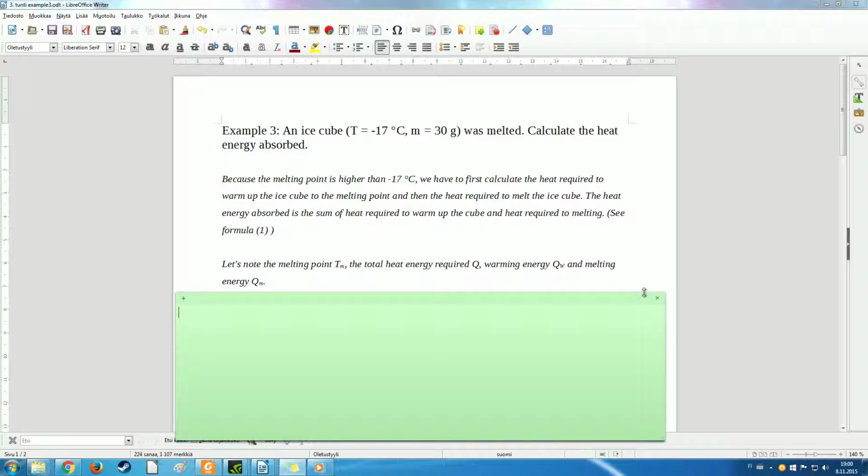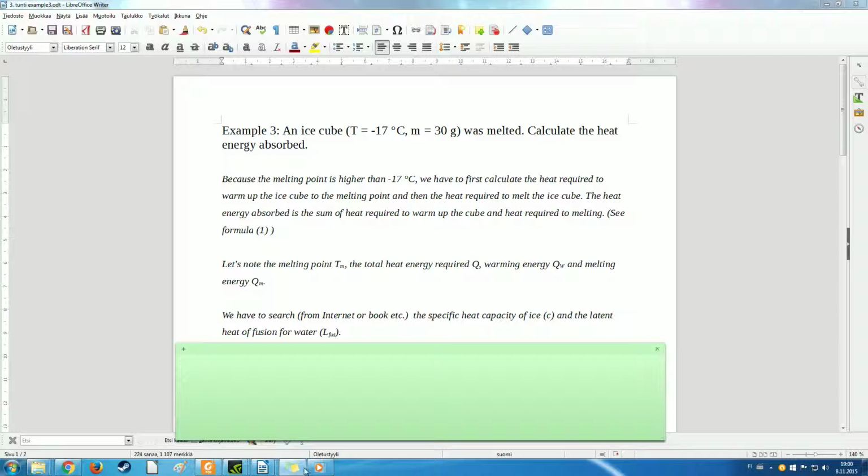We have to search for the specific heat capacity of ice and the latent heat of fusion for water.